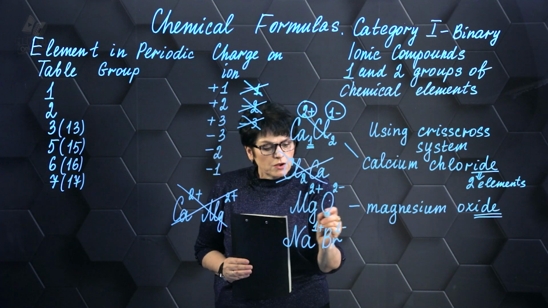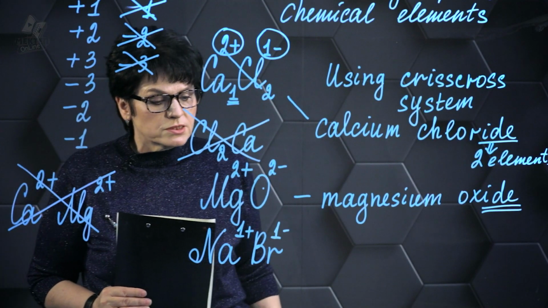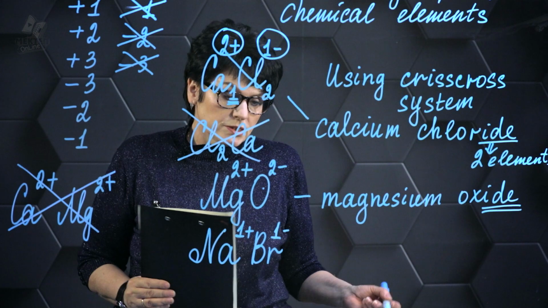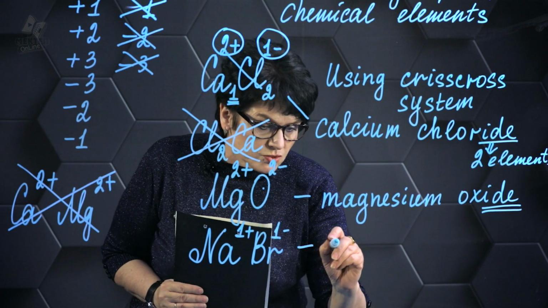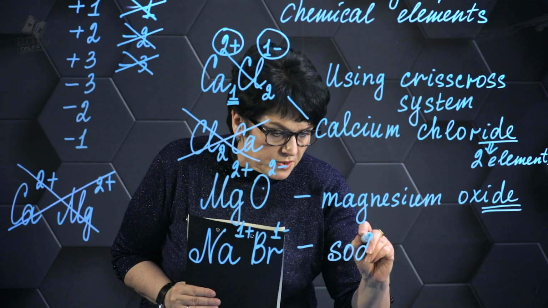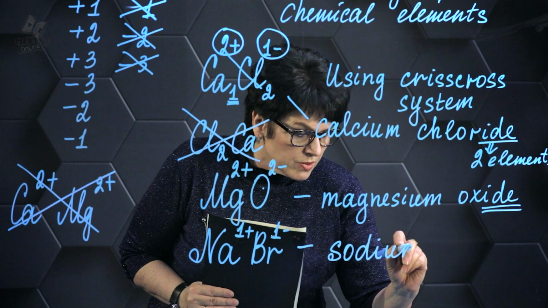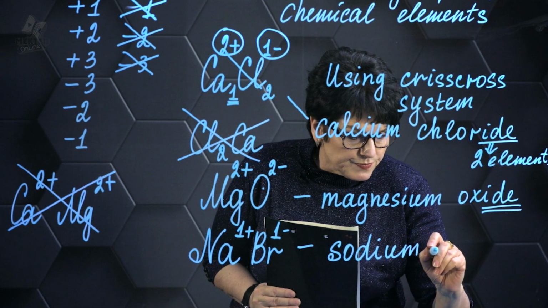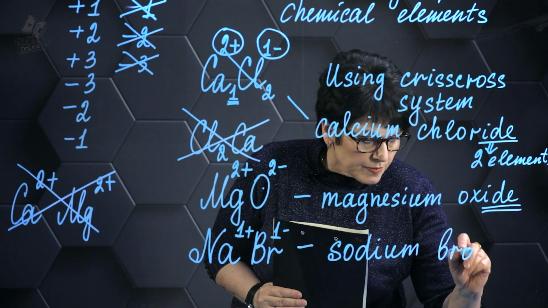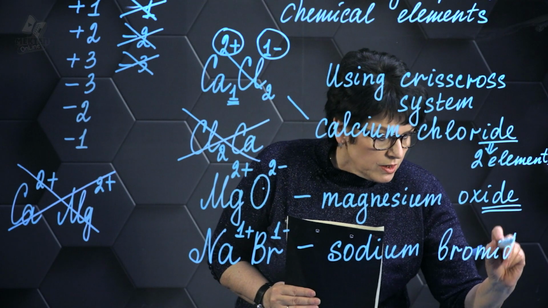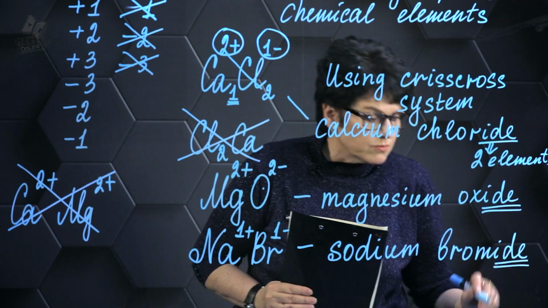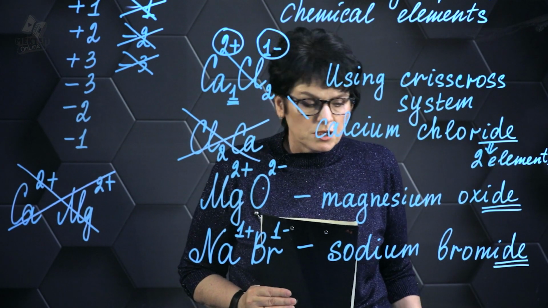In the grand scheme of things, we end up with a total of 0, so the formula is correct. What will it be called? It is going to be referred to as sodium bromide. And the suffix ending, as we can see, is exactly the same.